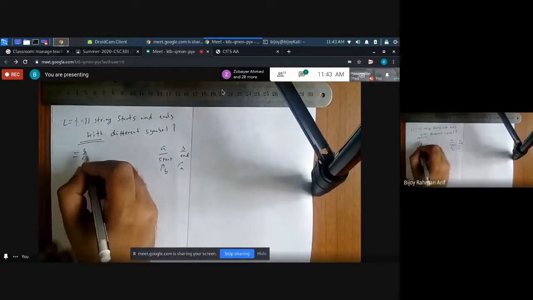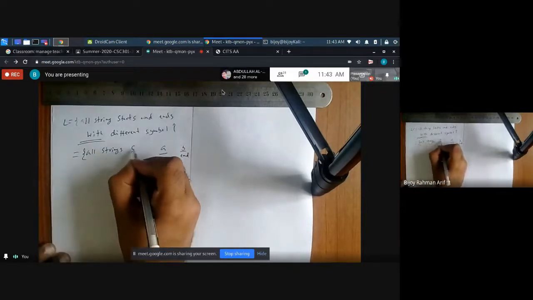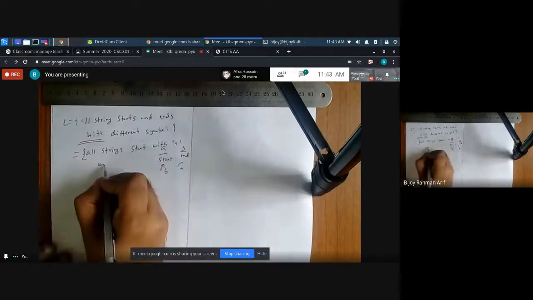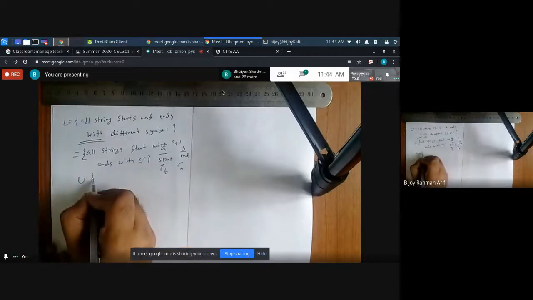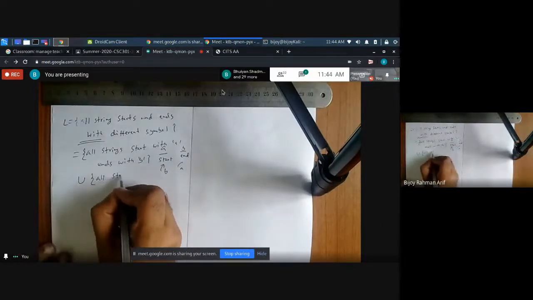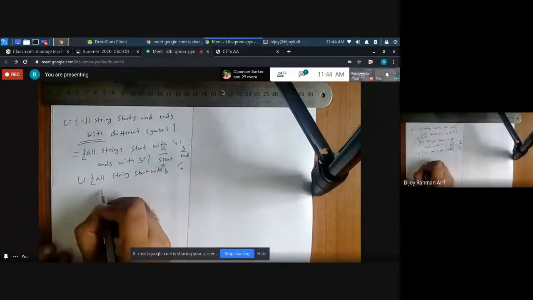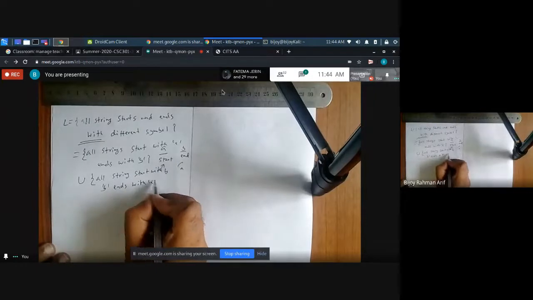It is actually nothing but all strings that start with A, ends with B, union all strings that start with B, ends with A. Am I right?